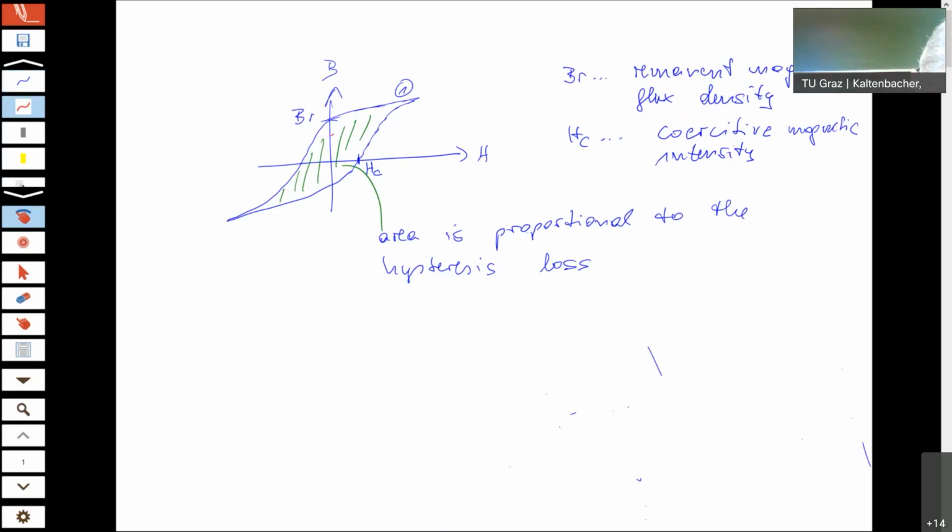If you have a smaller excitation, then it will look like this. So this is 2. And we can simply write down that the current I1 is clearly larger than the current I2. So it is not only a question of the material properties itself, how large this area is, it is also clearly a question of your excitation.